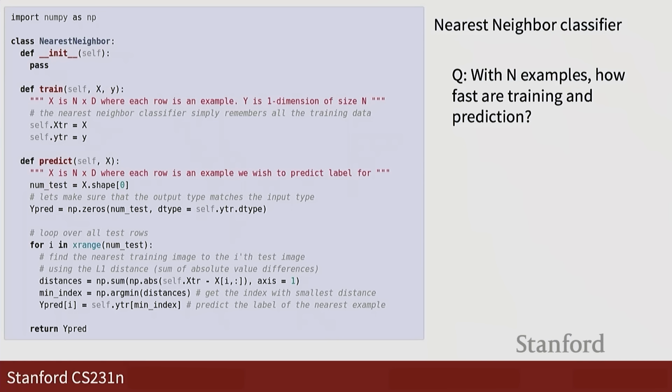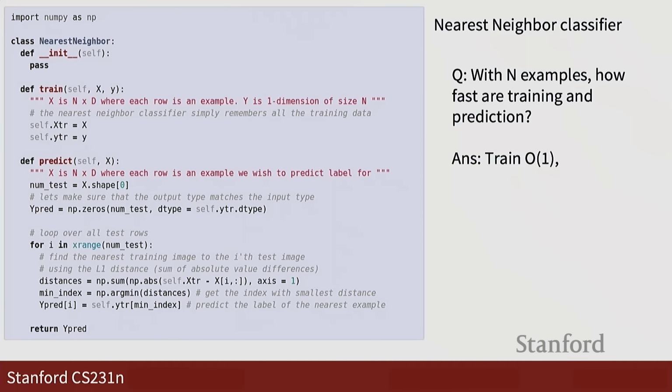For the training step, the training is O(1) because we are not actually doing anything. We are not even moving any data. We're just keeping the copy of the data in the memory. So no operations, with operations of order 1, we can complete the training step. What about the prediction step?